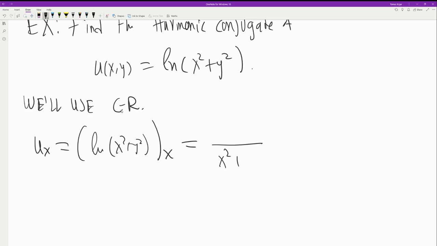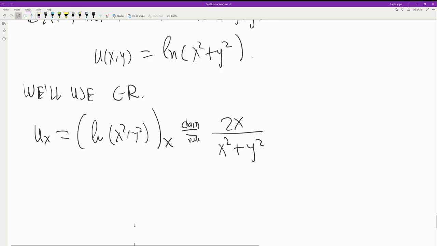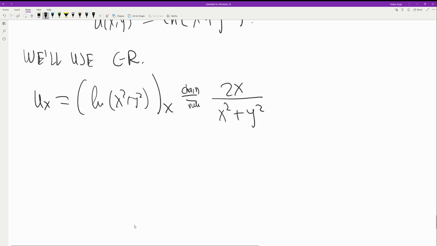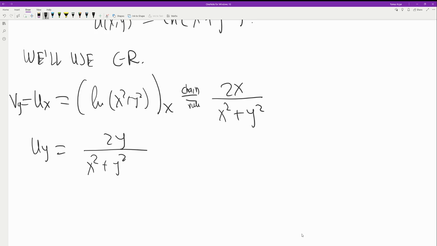So we have by chain rule this ratio, and same, 2y over x squared plus y squared. Okay. Now by Cauchy Riemann, we know that this is v of y and this is minus v of x.